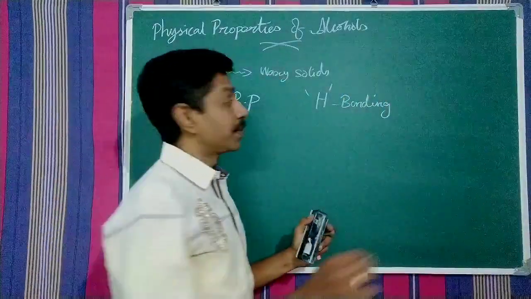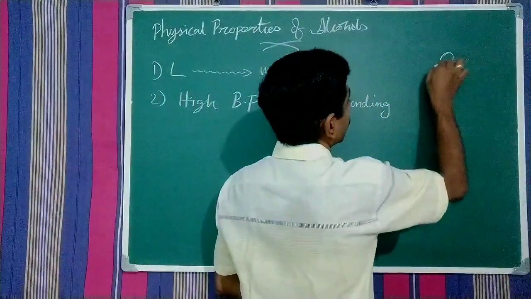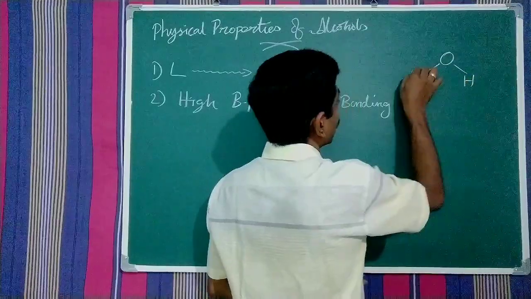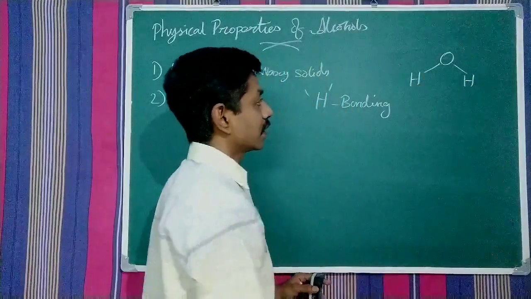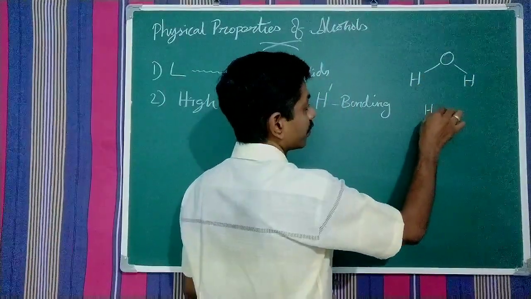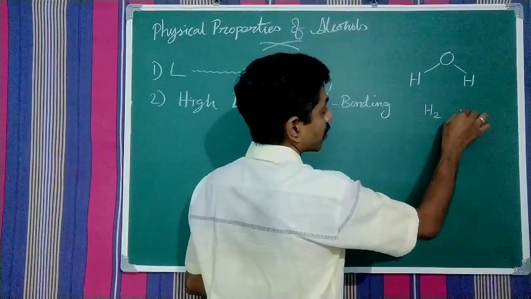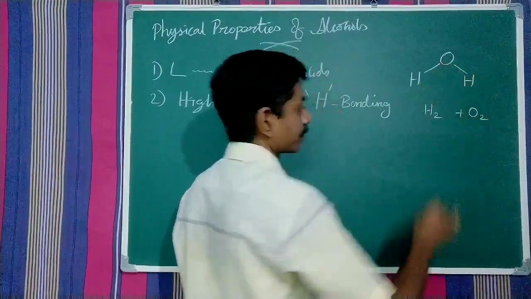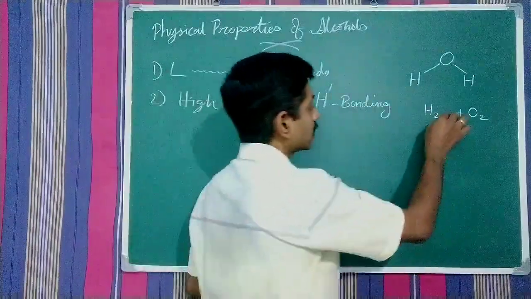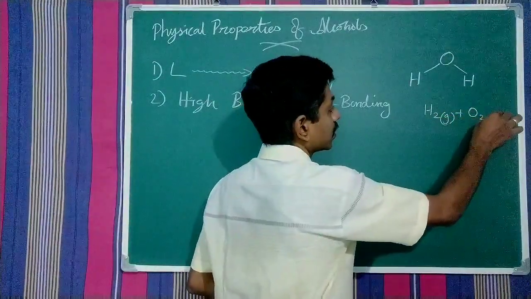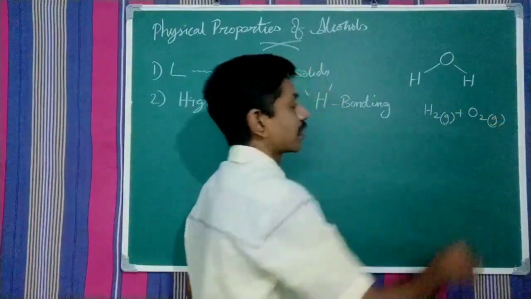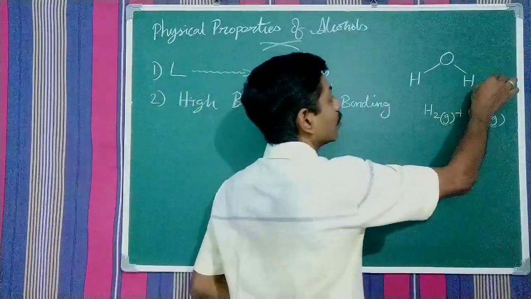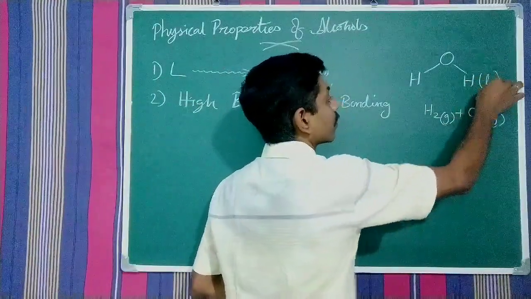And we have a big puzzle about water. What is it? How can you form water? If you take hydrogen and oxygen, you form water. Now hydrogen is a gaseous molecule and oxygen is also existing in gaseous state, but the formed water goes to the liquid state.